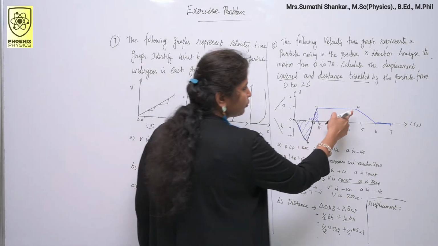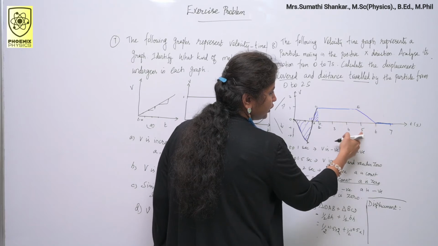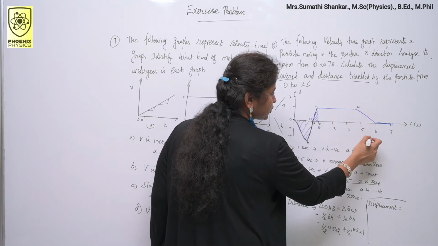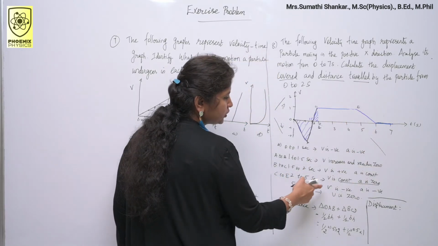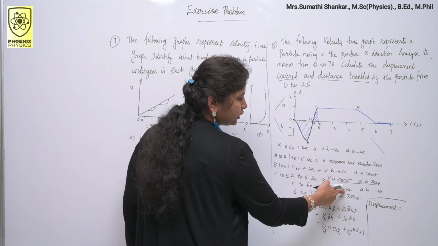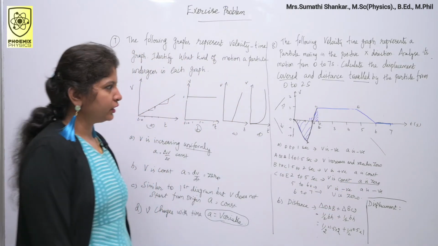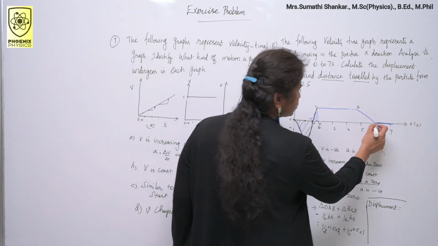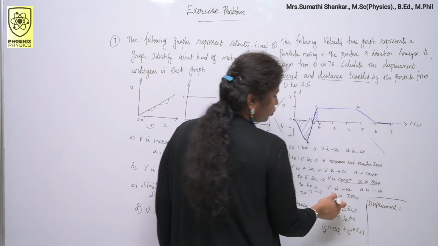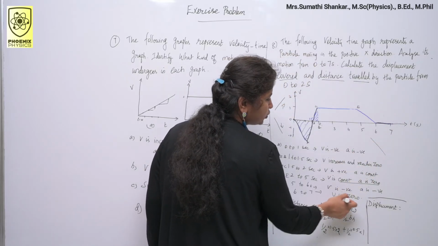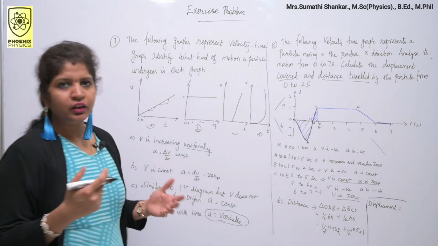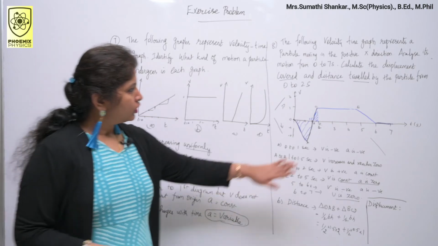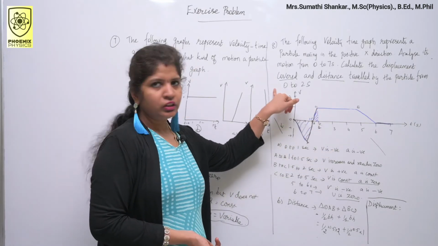Then from 5 to 6 second, velocity is again decreasing. Velocity is decreasing means V is negative, so A is also negative. From 6 to 7 second, no velocity component, that is V is 0. We cannot find acceleration also. That's all about subdivision A.